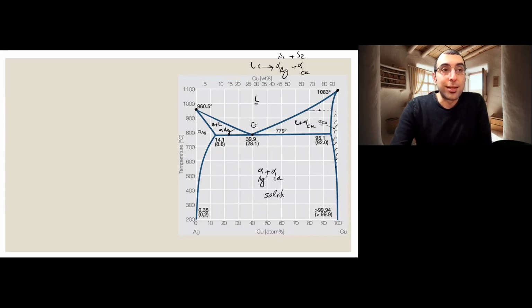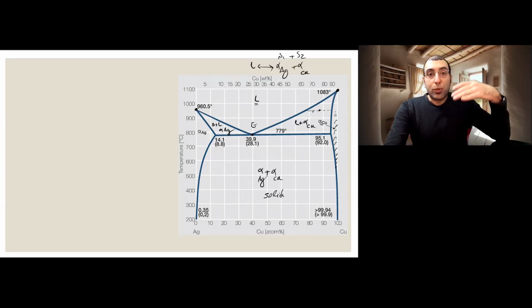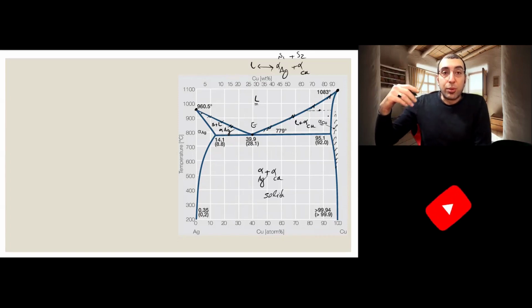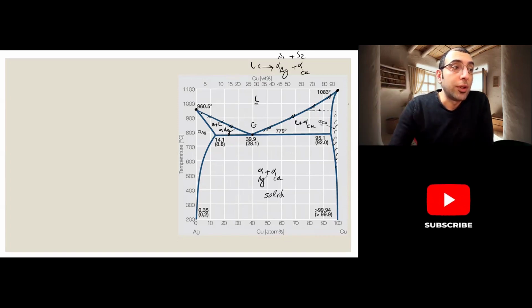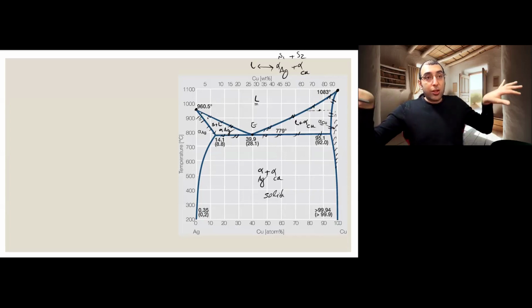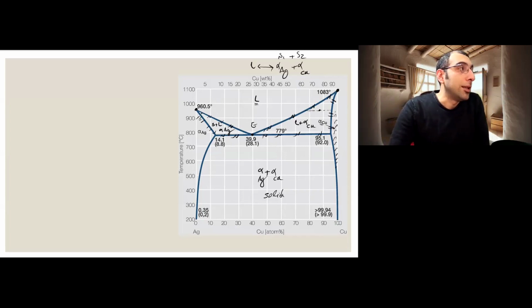Therefore, the line that has a border with the liquid is our liquidus line, and this is our liquidus line, right? And the line that has a border with all solid is our solidus line, and this is our solidus line. And below the solidus line, everything is indeed solid.